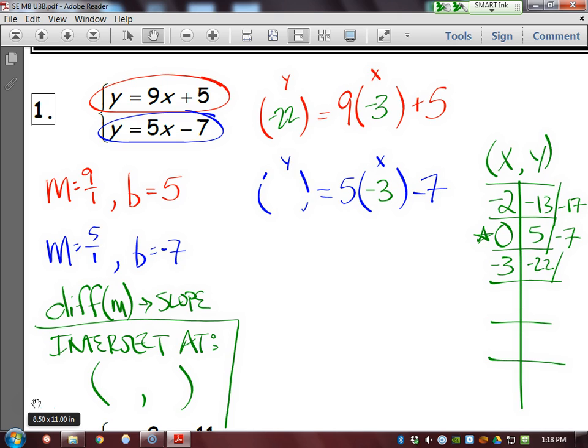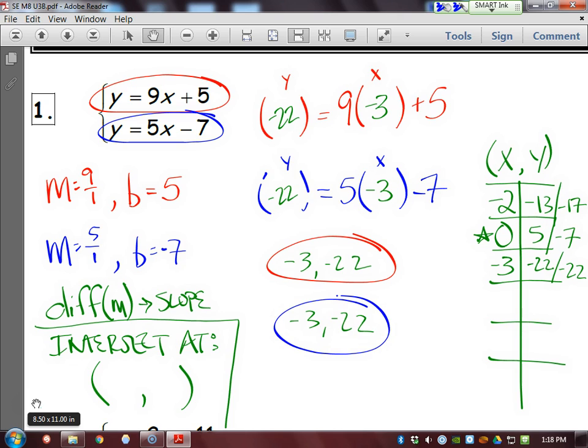Negative 22. Okay, so what did we just notice? So in equation 1, we have negative 3. We got negative 22. Okay, that's for the red one. And then when we put in negative 3 into the blue one, we also got negative 22. So what does that mean?